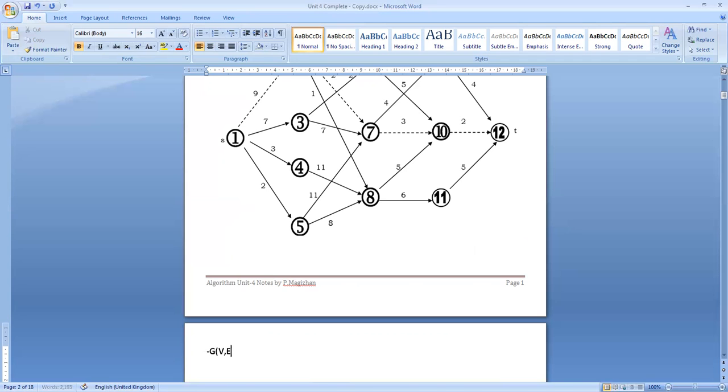Here G = (V, E) is a graph with k stages.